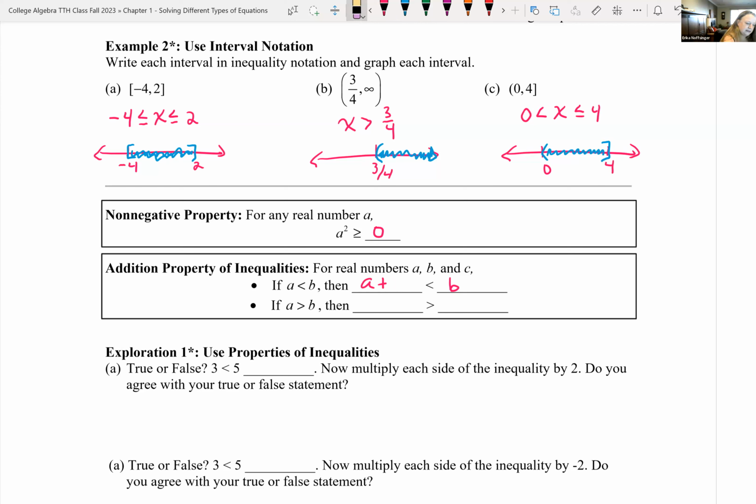Let me add c. So a plus c is less than b plus c. If a is greater than b, then I can still add a constant c, and it's still going to be a true inequality.